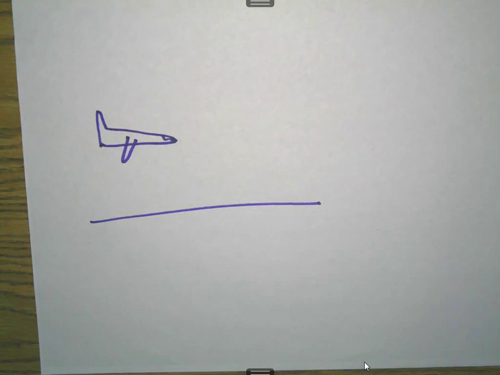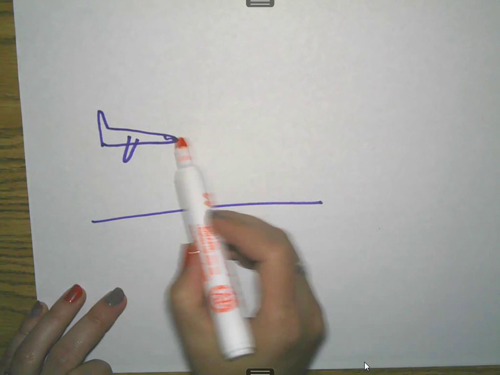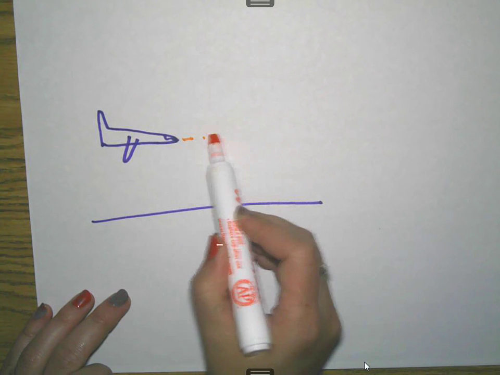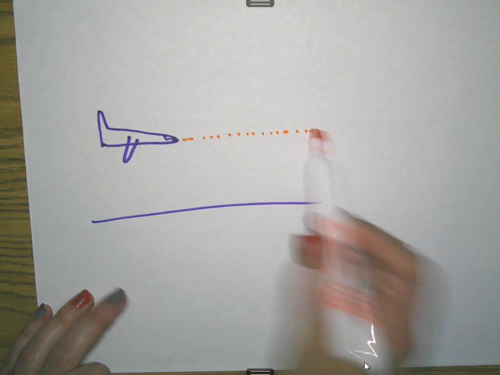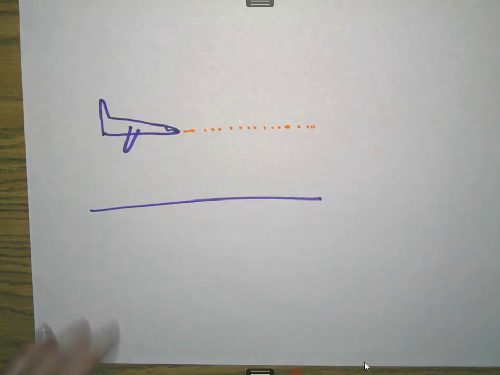Well, the horizontal is going to refer to the plane, like, well, kind of a different meaning of plane, but like the area where the plane is flying. The plane is flying along this dotted orange line. This is the horizontal that the plane is flying at.